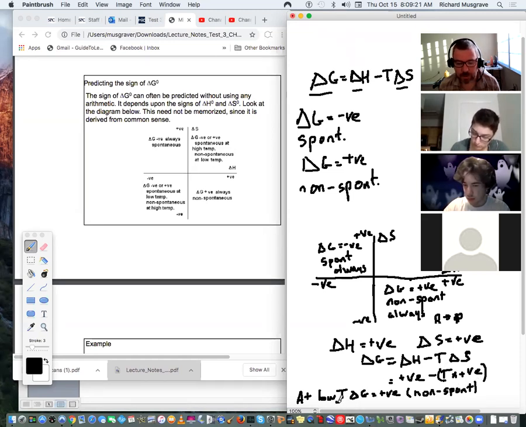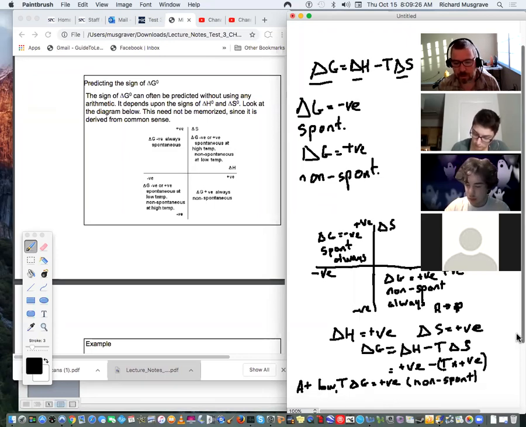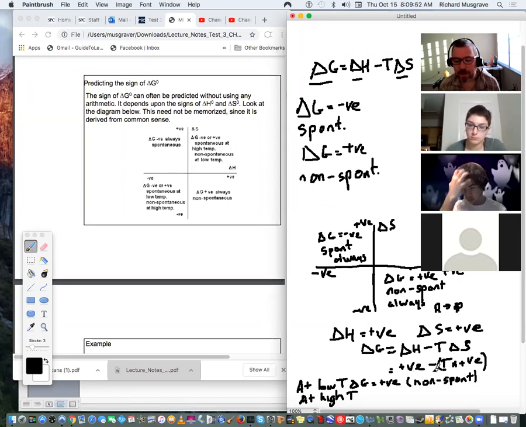And at high temperature, this one's a little bit harder to see, but I want you to imagine that there'd be a value of T that you could put in here where this T times a positive value would be greater than the positive value that we have for the delta H, which would mean that it's going to be negative.